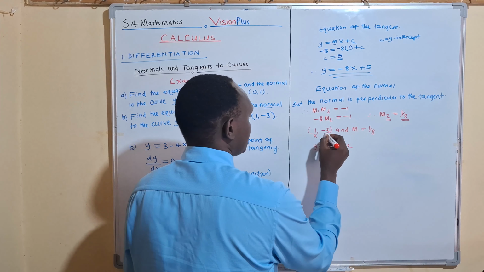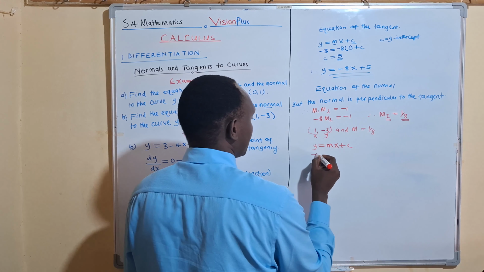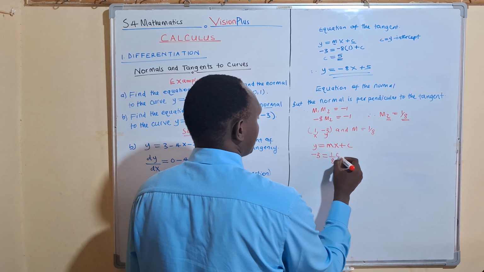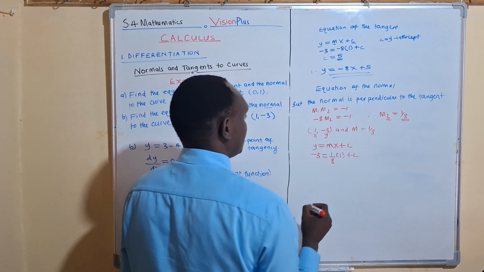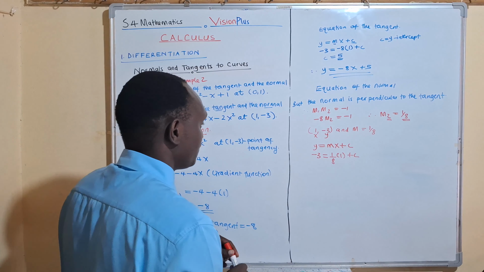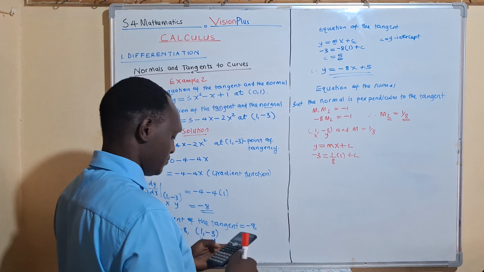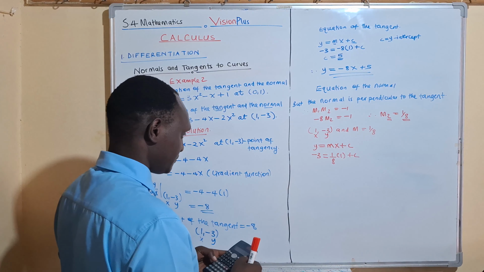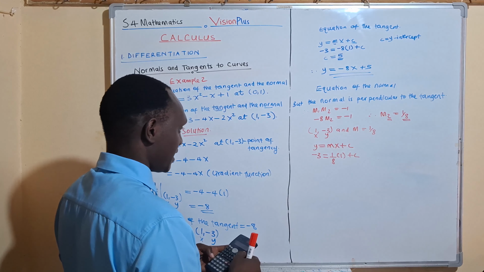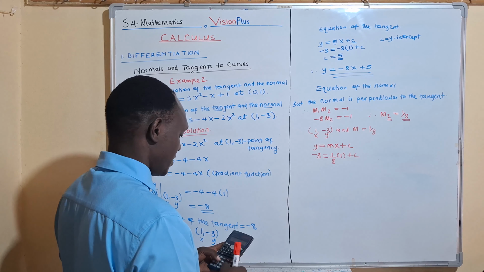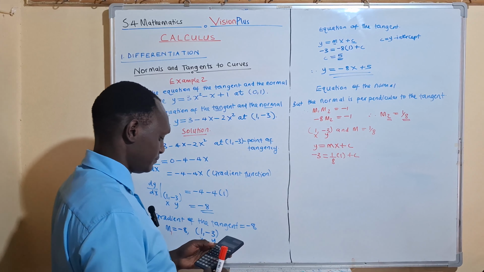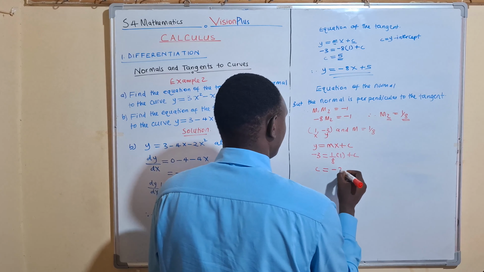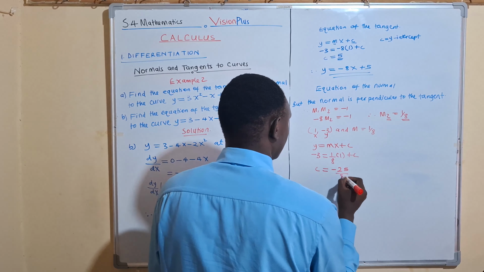Substitute: this is x, this is y, that is m. That means -3 equals m, m is 1/8, x is 1, plus c. Then we make c the subject of the formula. That means we shall have 1 divided by 8, and we take it that side, it becomes negative. So -3 minus that answer. So c is -25 over 8.